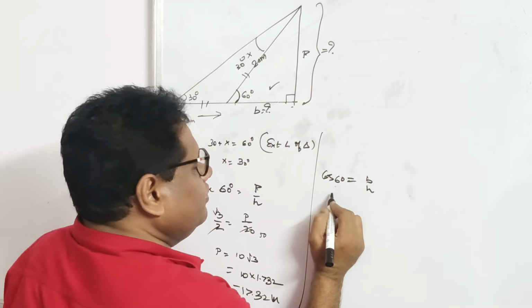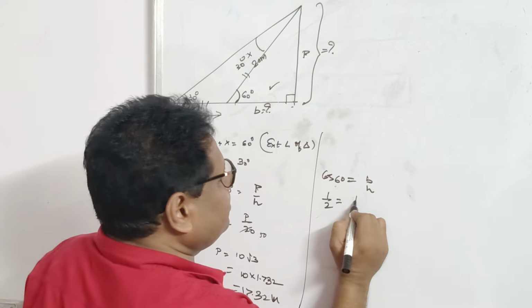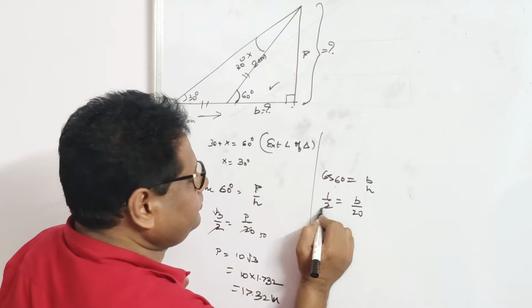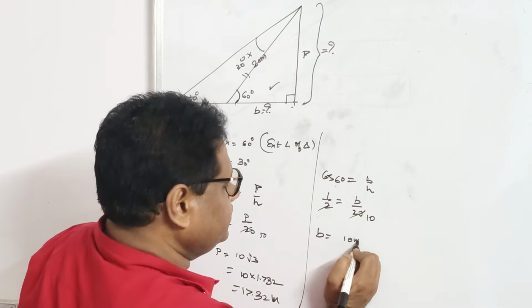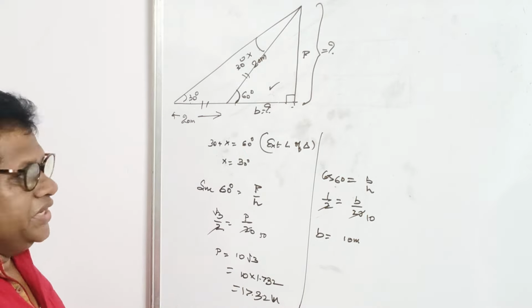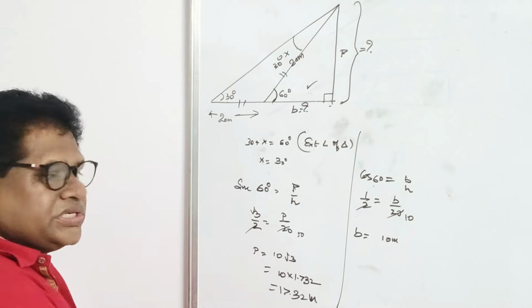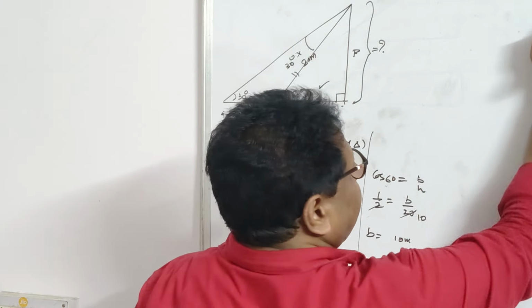So we put the value of cos 60, that is half, base that is to be found, and hypotenuse is 20. So the base comes to 10 meter. I think this is the simplest way you can handle this. Instead of taking tan 60, tan 30 and then putting it in a long process, you can handle this way also. Now let's discuss another figure.